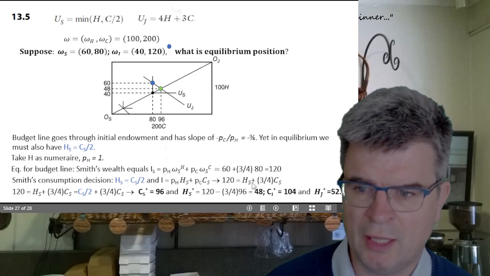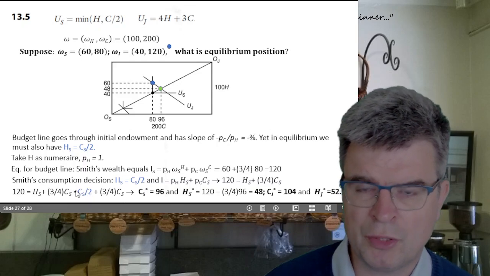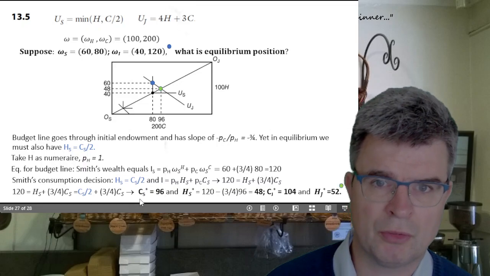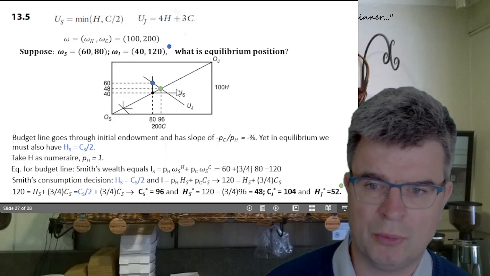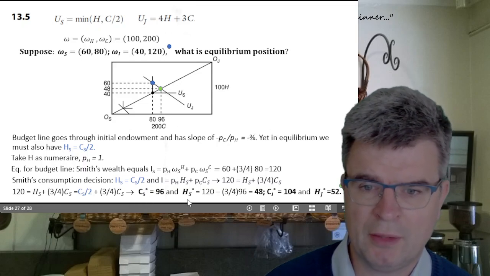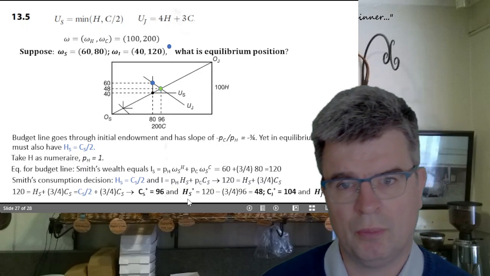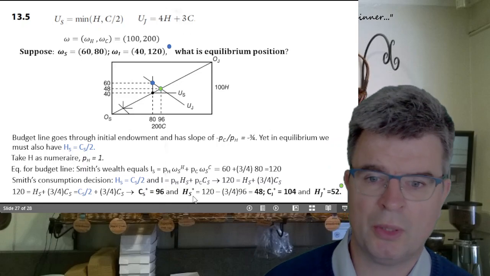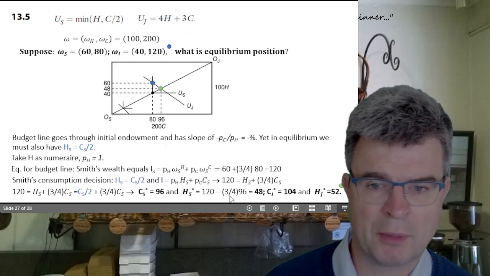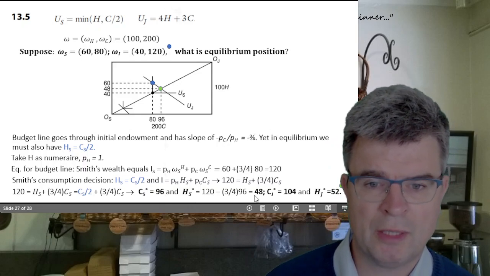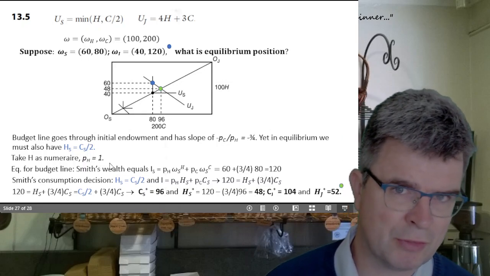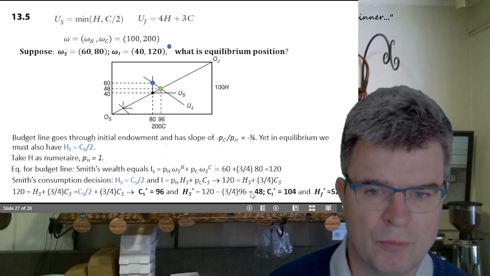So we replace the HS over here by C divided by 2, and we solve this for the consumption of cheese. And we find that the consumption of cheese in equilibrium is equal to 96. Then his consumption of ham: he buys 96 slices of cheese from his budget of 120 at a price of 3/4 each, which leaves a budget of 48 to spend on ham, and the price of ham is equal to 1, so he can buy 48 slices.